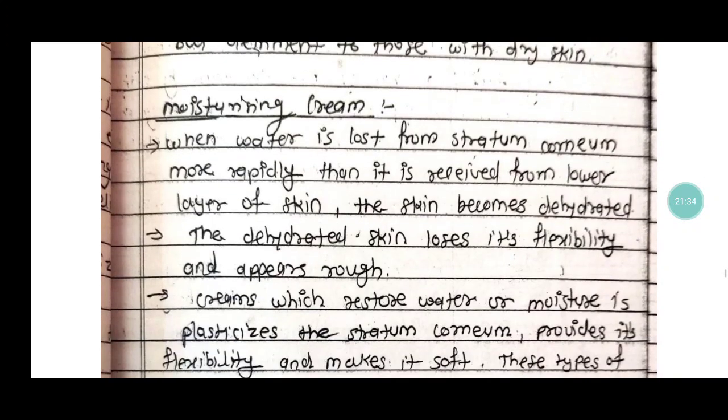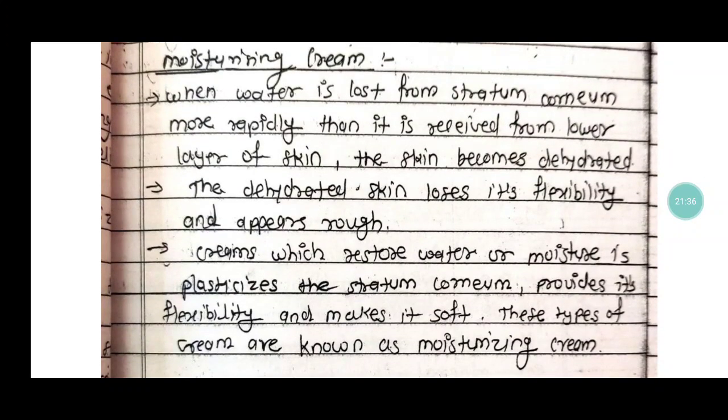And the moisturizing cream: when water is lost from the stratum corneum more rapidly than it is received from the lower layer of the skin, the skin becomes dehydrated, and dehydrated skin loses its flexibility and appears rough.